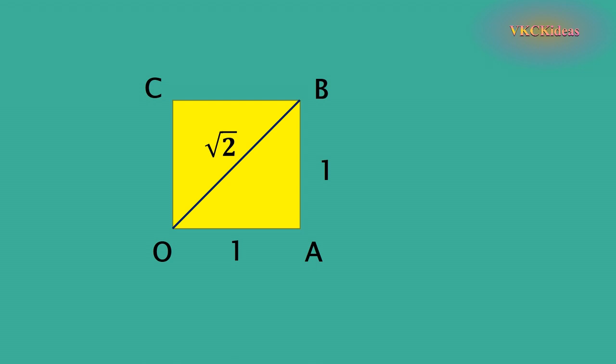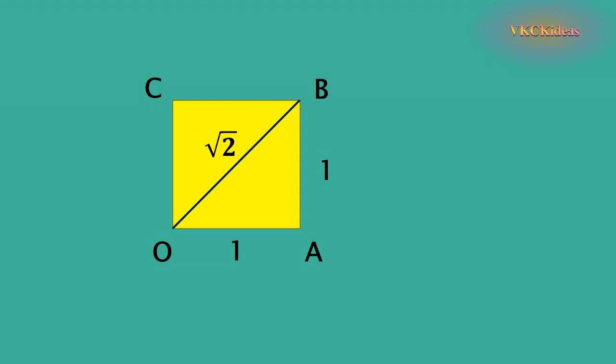Similarly, we can locate root 3 also on the number line. How? Let us begin with root 2. Take 1 unit, take a square OABC. The length of this square is equal to 1 unit, OA and AB 1 unit, and therefore the diagonal will be root 2 units.